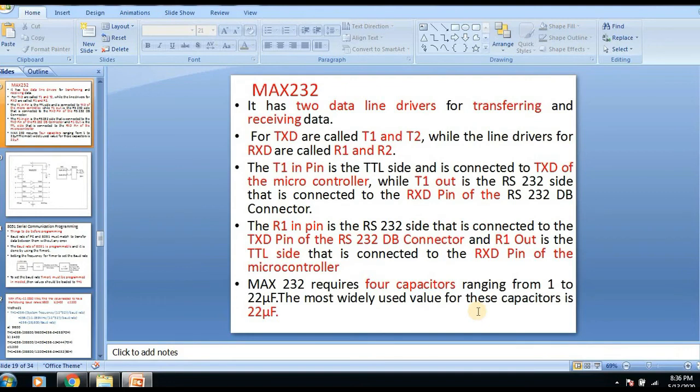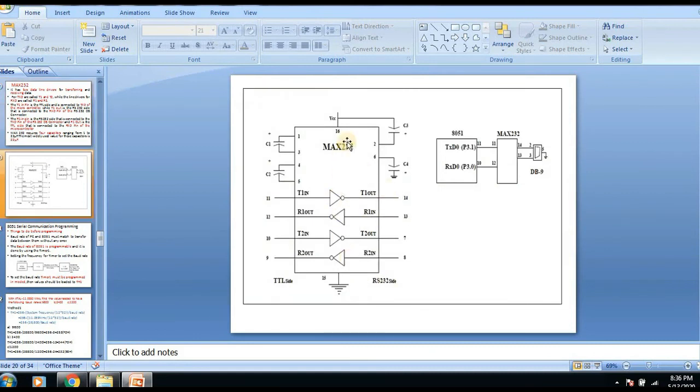Okay, so now we will briefly see the specifications of the MAX232, or what pins are present in the MAX232. We can see it here itself. This is the MAX232 IC, and it has a set of pins. Two sets of pins are there, that is transmit in, transmit out, receive out and receive in, and the second set similarly.